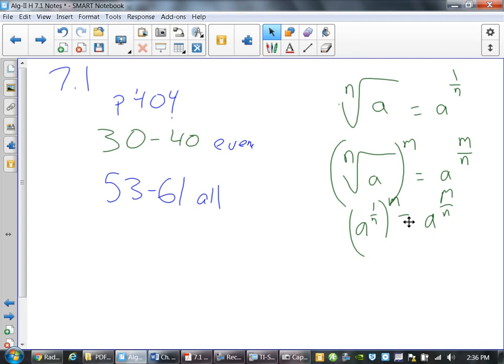Tomorrow and Friday we're gonna spend the bulk of it working on 7-2. 7-2 is gonna be all the exponent rules again thrown in with fractions, which means we have to add, subtract, multiply, divide without the aid of a calculator. We'll finish this before we're done. We have another quiz as well.